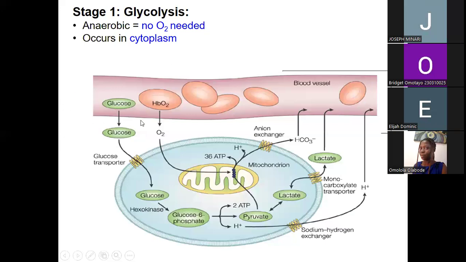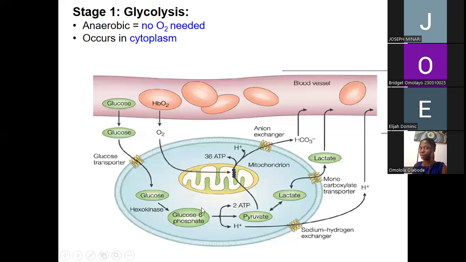Okay, so when the glucose gets into the body, of course, you need the blood to take the glucose around. Then the glucose finds its way towards the cell. So when it comes inside the cell, you now have the process of breaking down the glucose that we are going to see through the process of glycolysis.